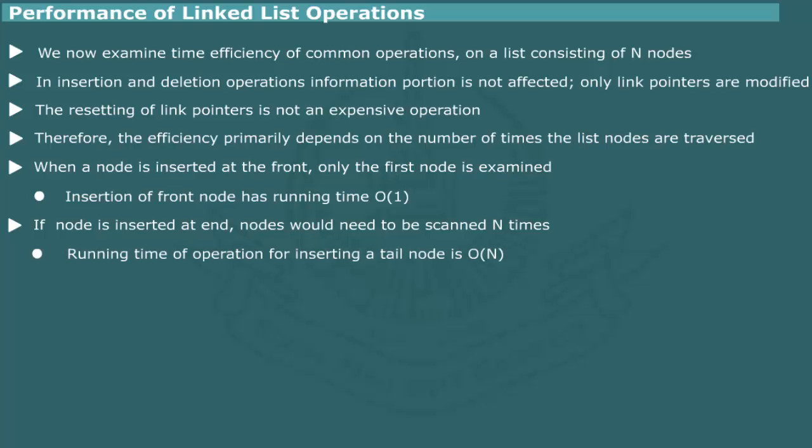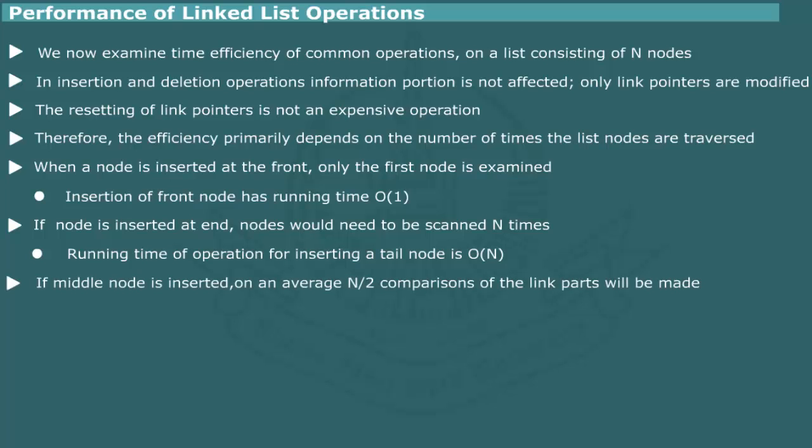As such, the running time of the operation for inserting a tail node is O(n). If a middle node is inserted, on an average of n/2 comparisons of the link parts will be made. Thus, efficiency of inserting a middle node is O(n/2) or equivalently O(n).